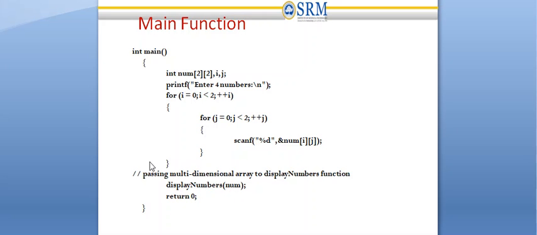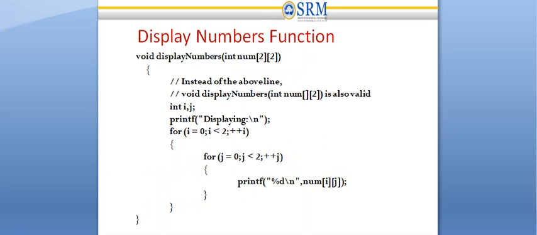Then the control will be transferred to the called function. Then the value which is sent in the actual parameter will be substituted for this formal parameter. Here, both dimensions are mentioned, and even if you omit the first dimension, it is also a valid definition.